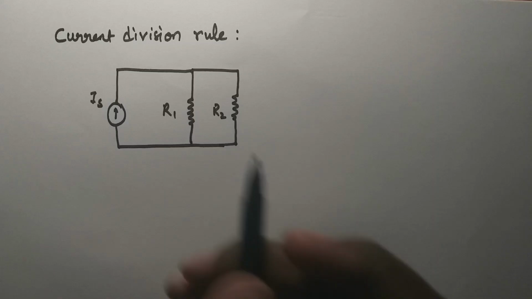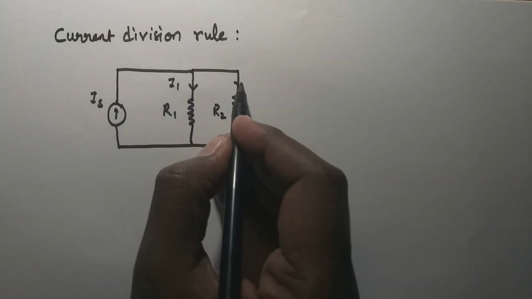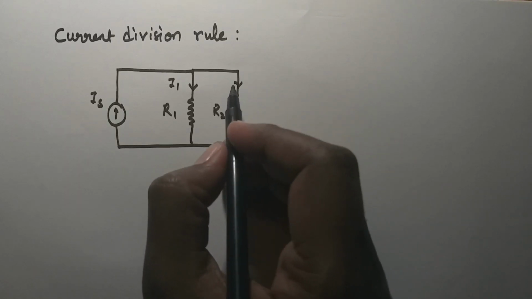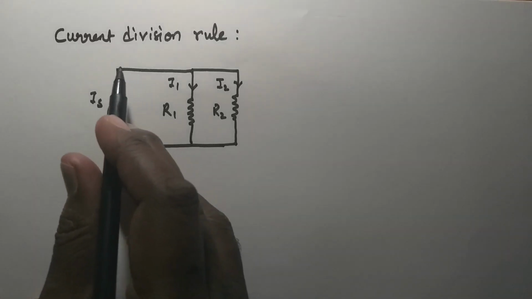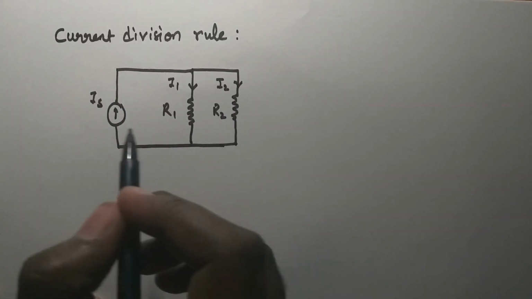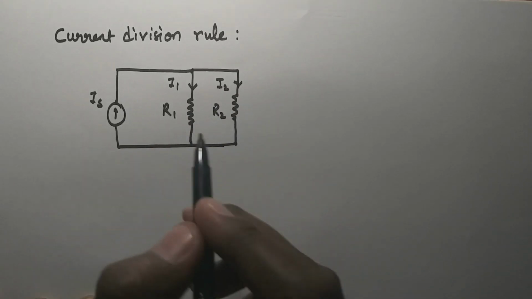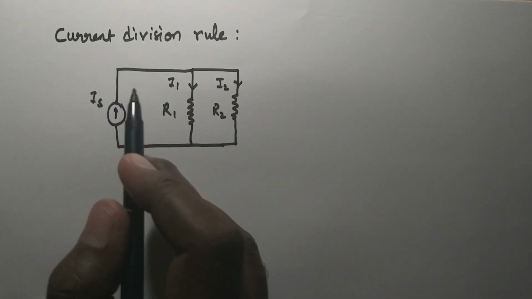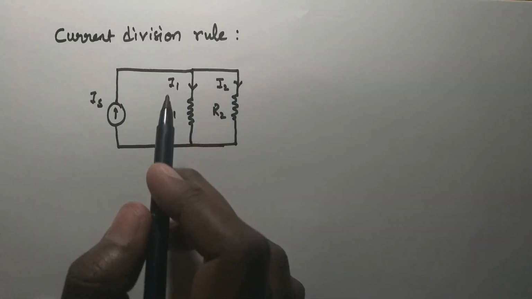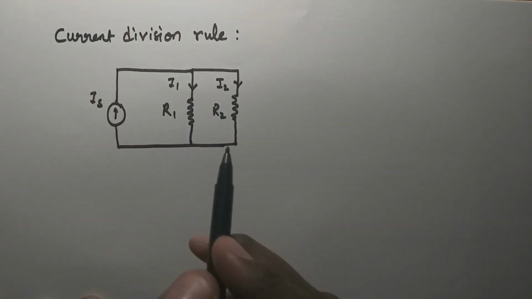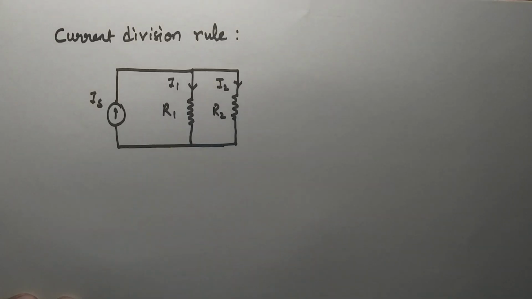if the current going through R1 is I1 and the current going through R2 is I2, then to find out the voltage across all these elements, which will be common, the voltage across this and this will be common. So to find out the voltage across any of these elements, we need to find out the equivalent resistance of these two resistances, the parallel combination of these two resistances.